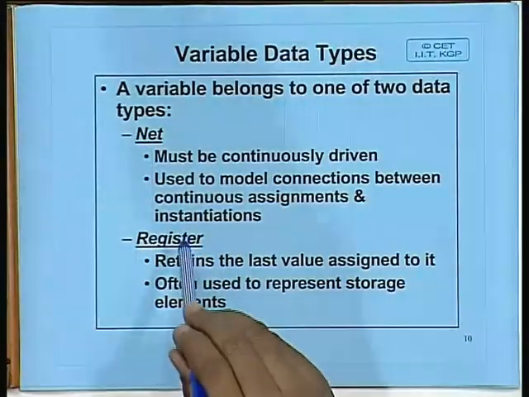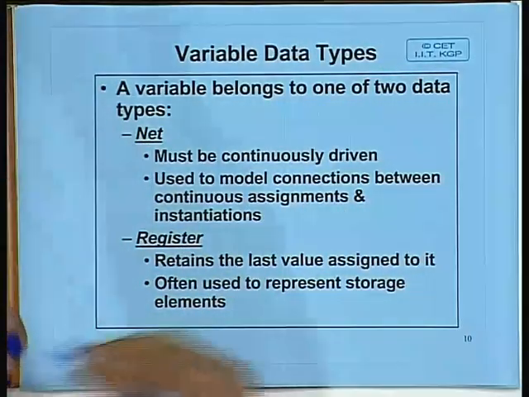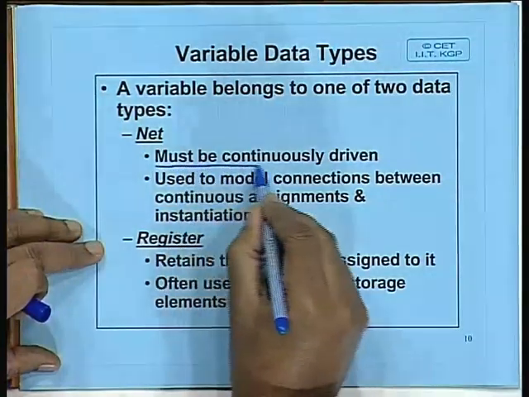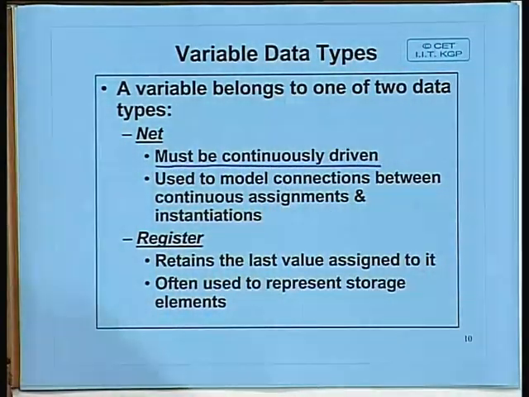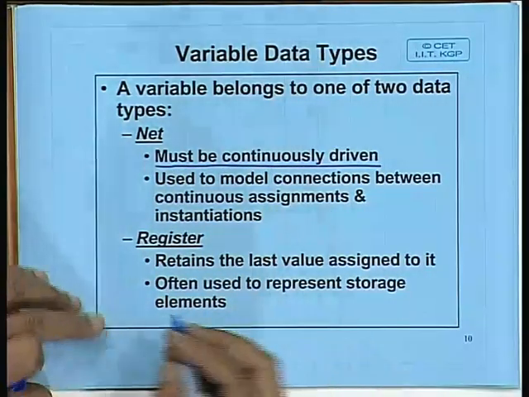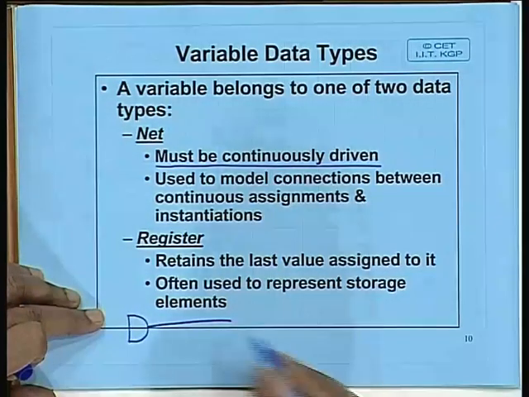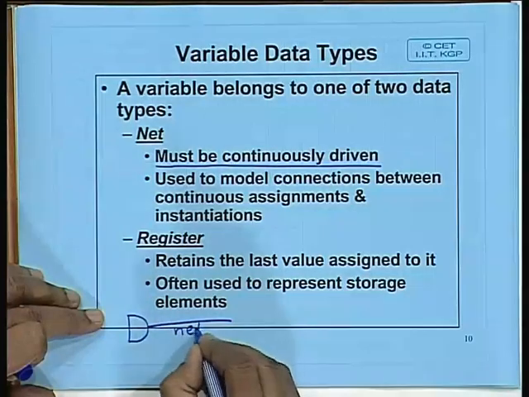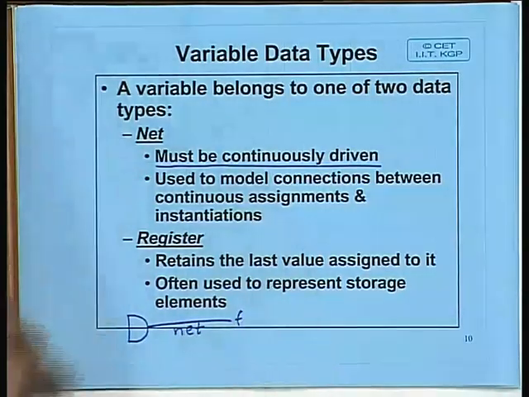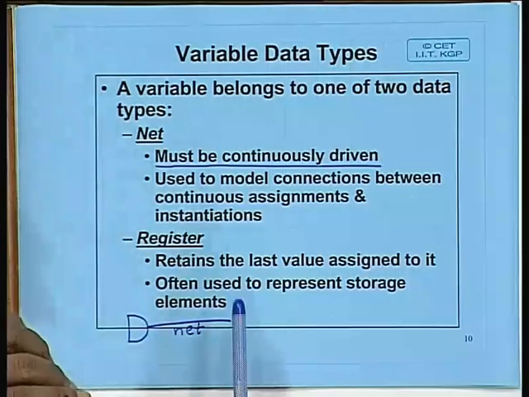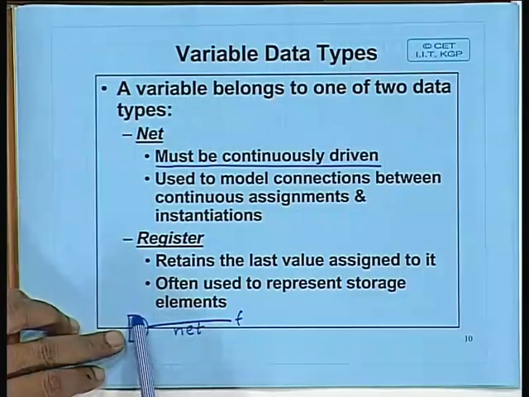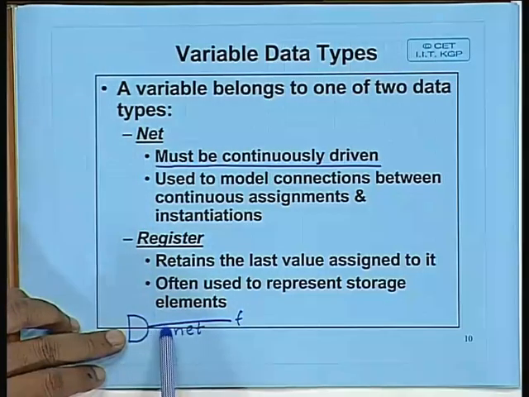Net and register, the main difference is net must be continuously driven. Continuously driven means, suppose I have an AND gate, the output of that AND gate can be a net, say F is a net. If you have an AND gate, you always have some value at the output.